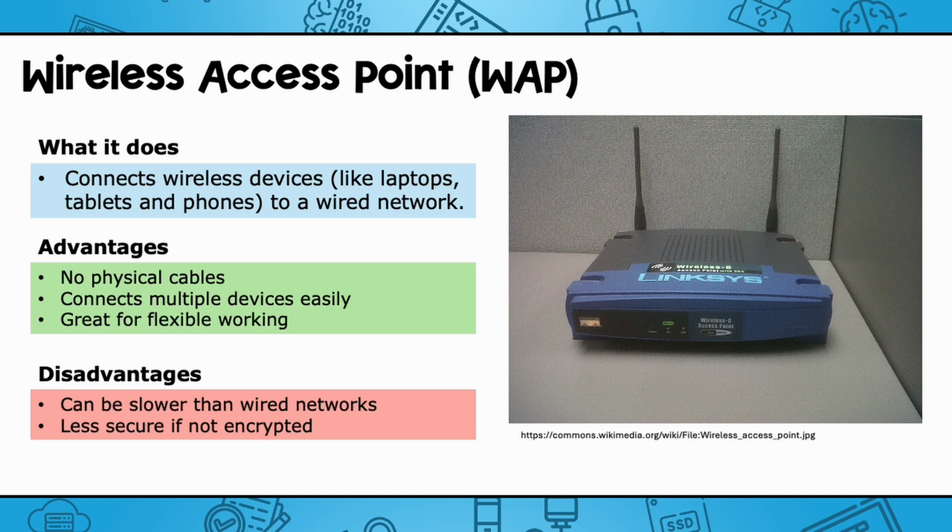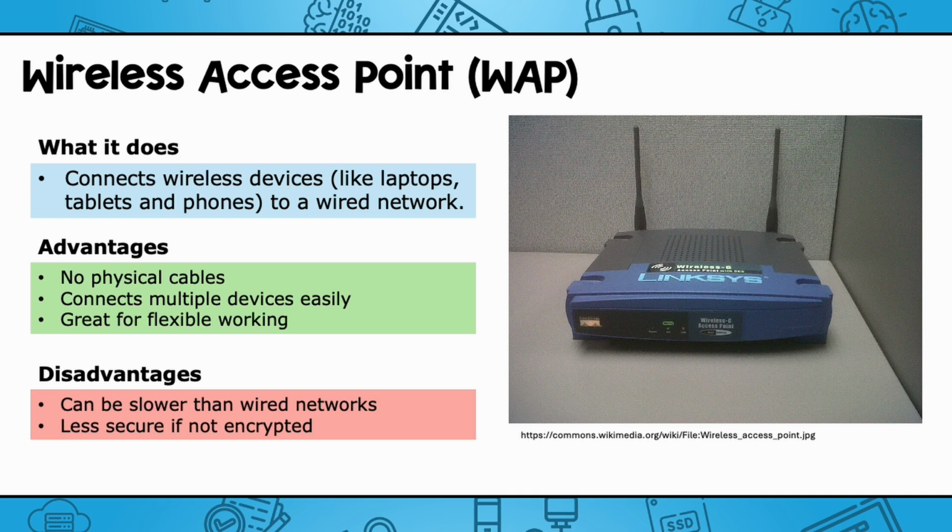It's what gives you Wi-Fi. It's like a digital doorway that lets devices connect to your network. There are no cables. It connects wireless devices like laptops, tablets, and phones to wired networks. No physical cables are needed apart from one cable that would be connected into maybe a switch that would allow wireless devices to gain access to a wired network.